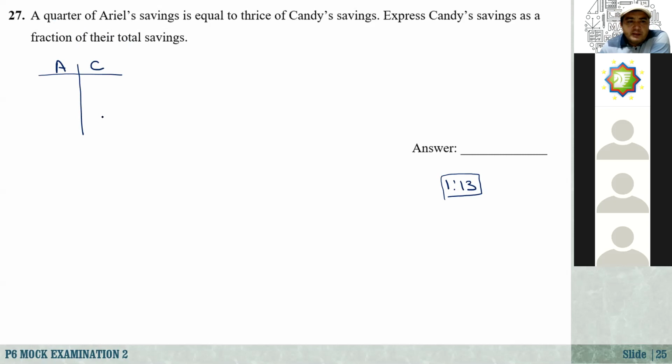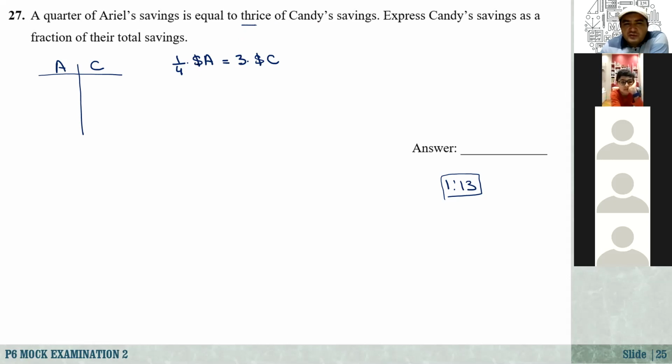Here it says that a quarter of Ariel's savings is equal to thrice of Candy's savings. What does it mean? Quarter means 1 over 4. Let's say Ariel's savings is capital A dollars. That's equal to thrice of Candy's savings. So that is 3 times Candy's savings, it is C.